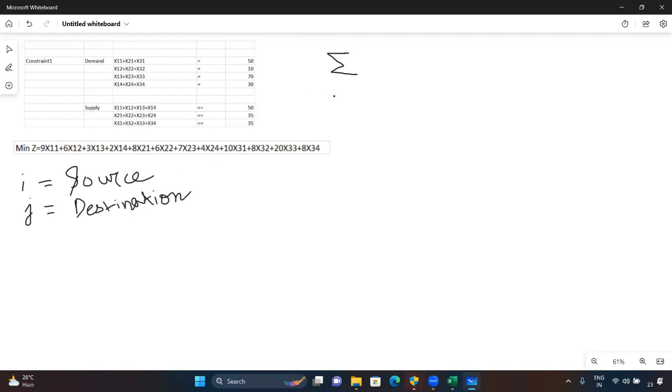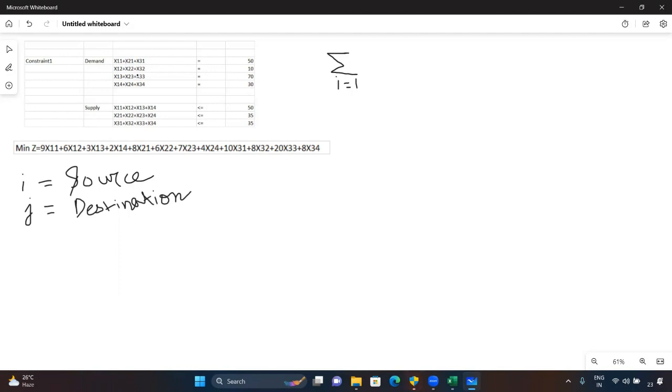As we discussed, our source is changing, but the destination remains the same. So here we can mention i equals 1, because i started from 1 only: x11, x12, x13, x14. So i, that is the source, started from 1.